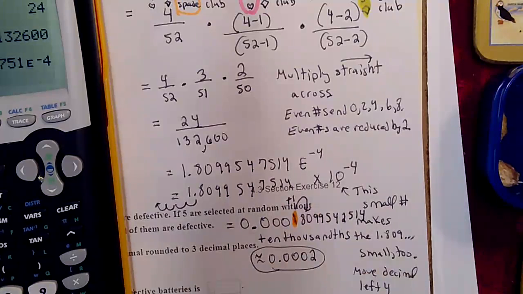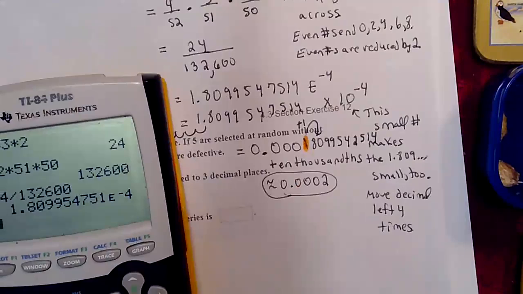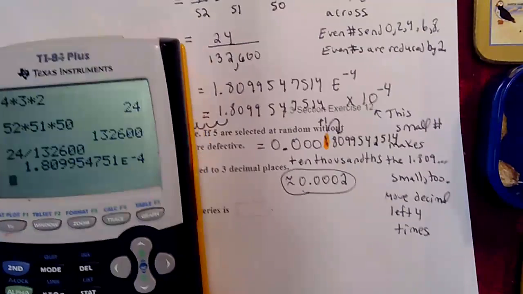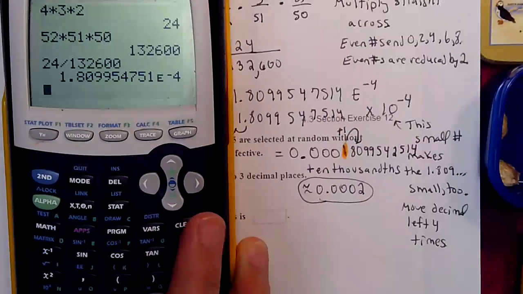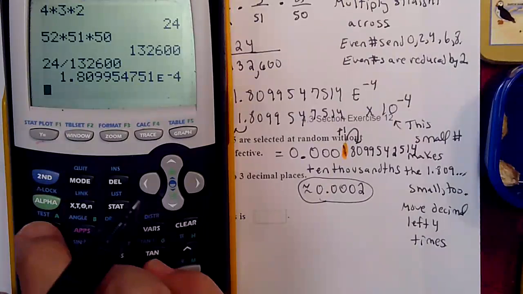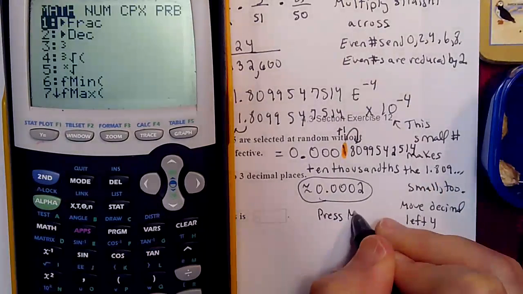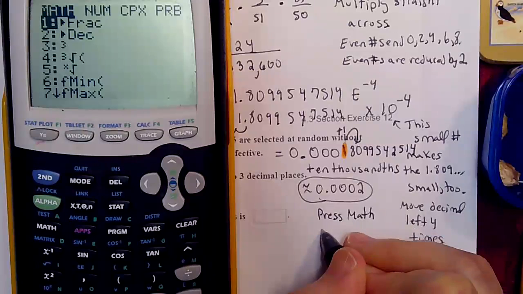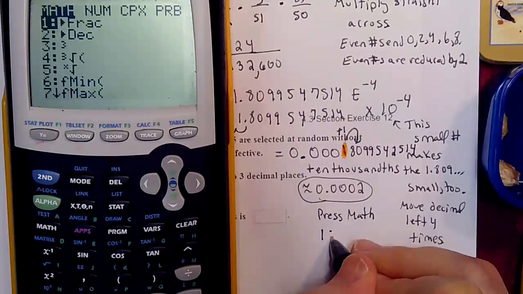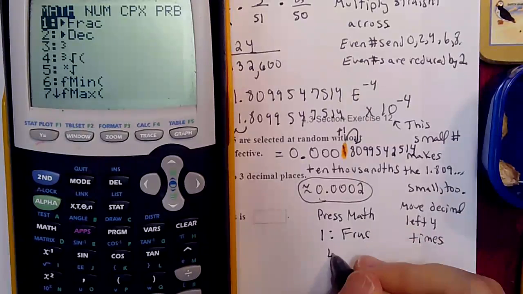Okay. And now let's go back to the fraction, because we were talking about reducing that. So now that I have this decimal, to make it into a fraction, if the calculator's tolerance is high enough and it can do that, you would press the math button. And then you have this frac button, and then you hit enter.